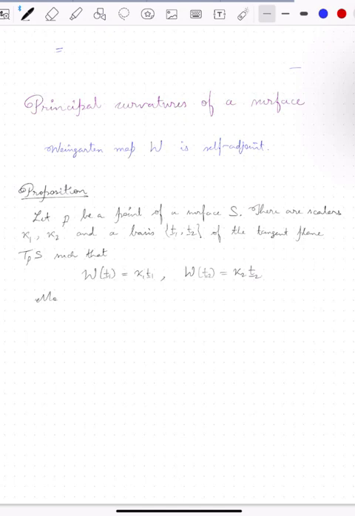So moreover, if kappa 1 isn't equal to kappa 2, then the inner product of T1, T2 is equal to 0.